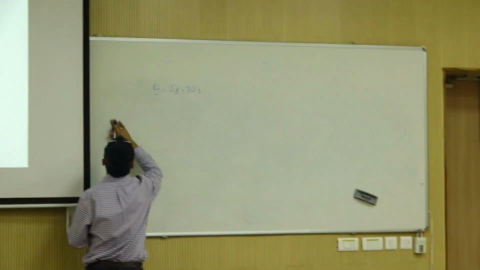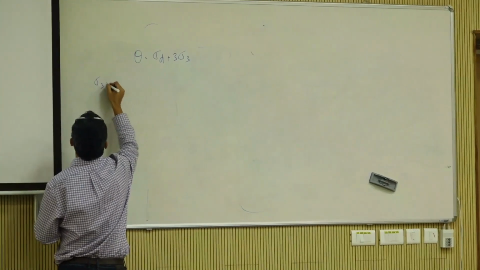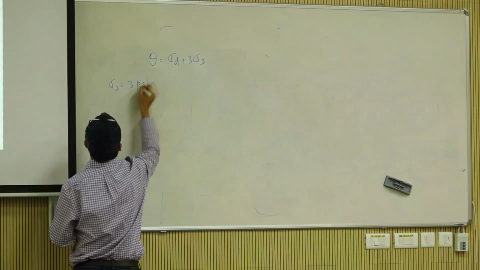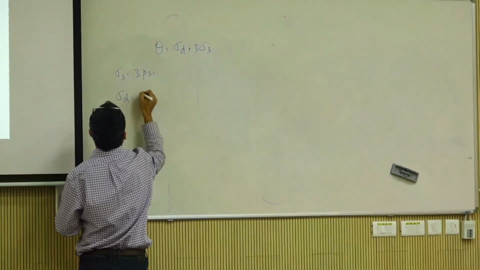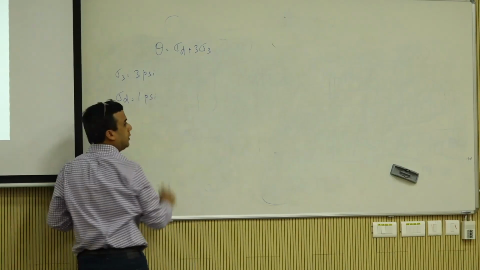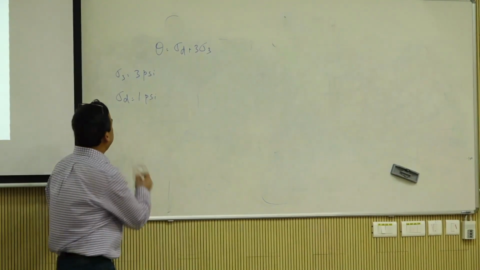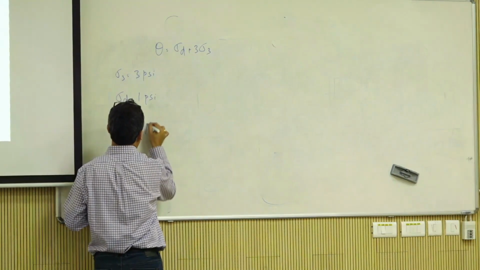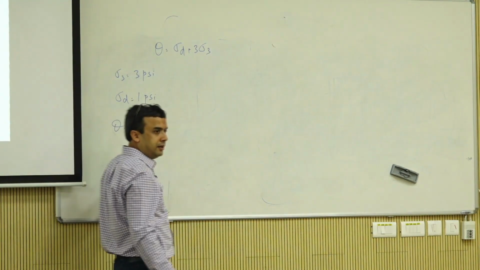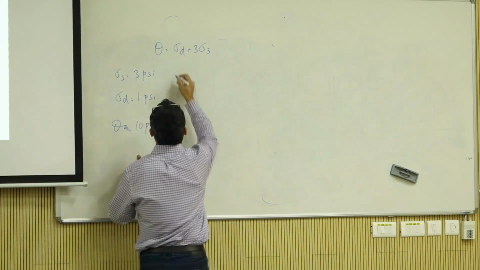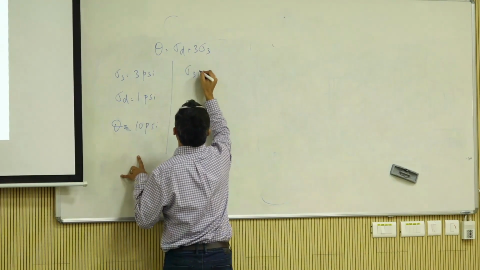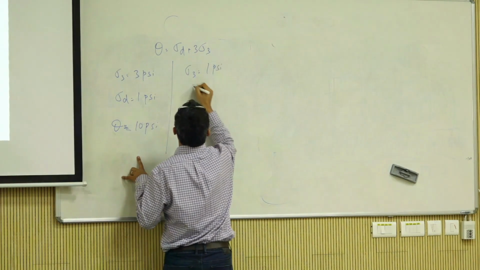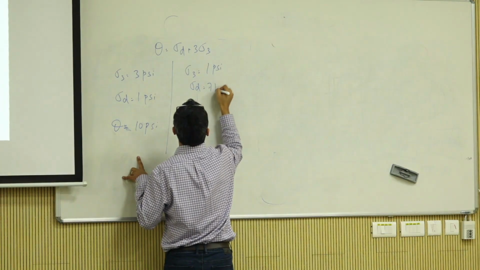Let us take a stage with sigma 3 equal to 3 psi and sigma d equal to 1 psi. So what is theta? 10 psi, right? Second stage, sigma 3 equal to 1 psi, sigma d equal to 7 psi.